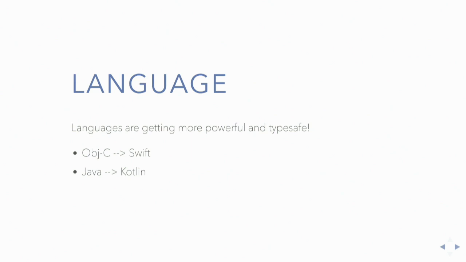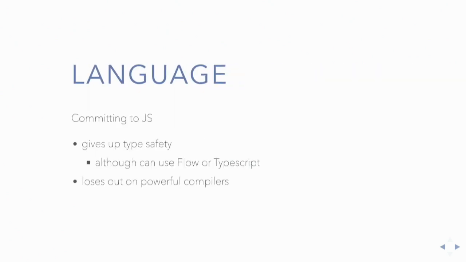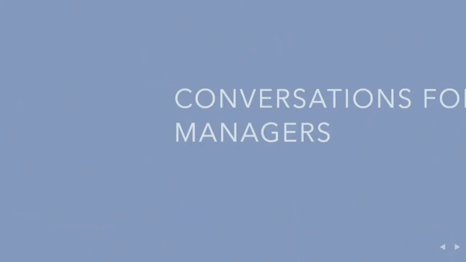And that is amazing. And when we use JavaScript, we give a lot of that up, and there are tools that we can use to give up a little less of that. We can put TypeScript in there, but it's not the same. And this is a trade-off that we have to be aware of because where we gain stuff for other features like quick development time, we're losing it here in some regards.